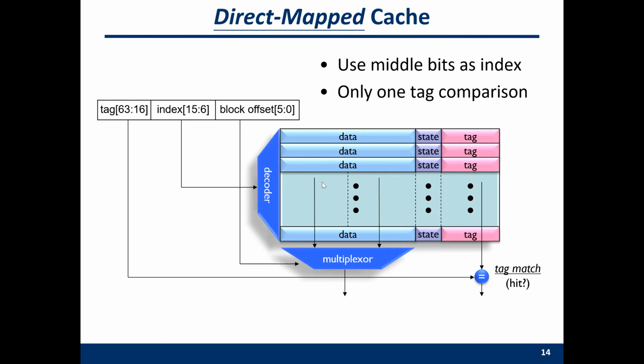Then this block offset will go from 0 to 7. And then the index, how many bits you need for the index. Index means how many entries, how many blocks you have in your cache. How to compute that? You can use the total cache capacity divided by the block size.